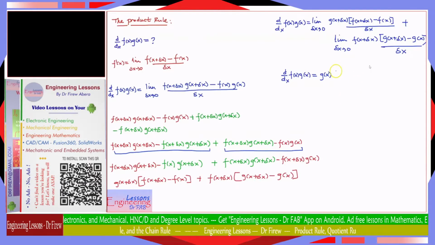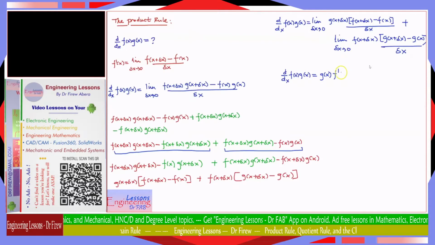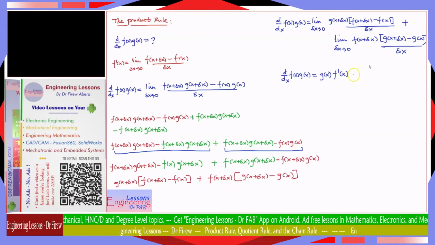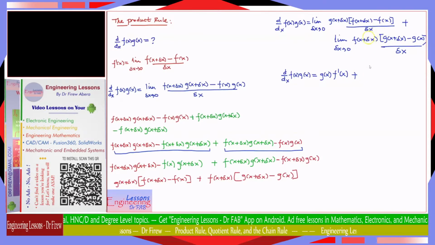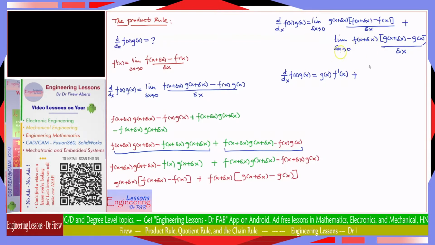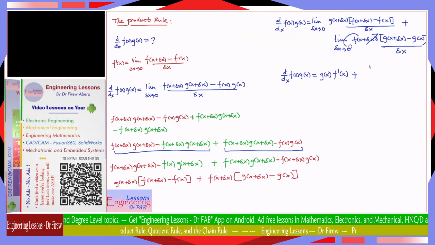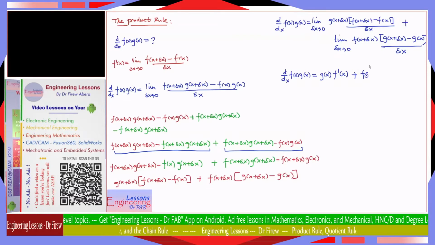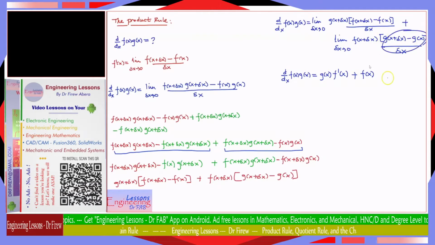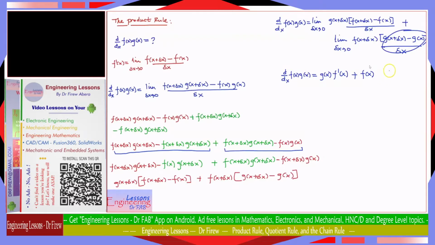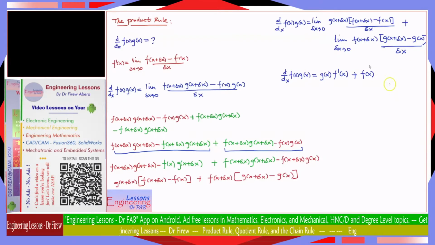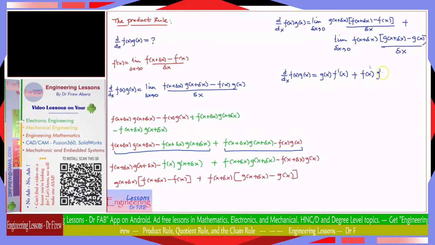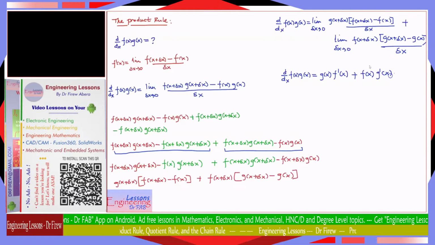So that will be the first derivative of f of x, plus, and again the same way, as sigma x approaches 0, that will approach 0, and you'll have f of x, and again that will be the definition of the derivative of g of x, so times g derivative of x.